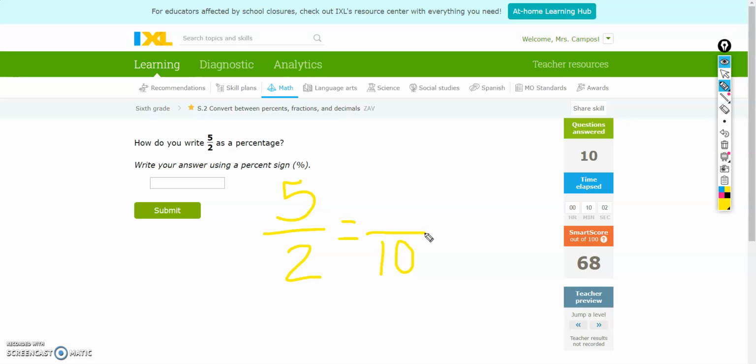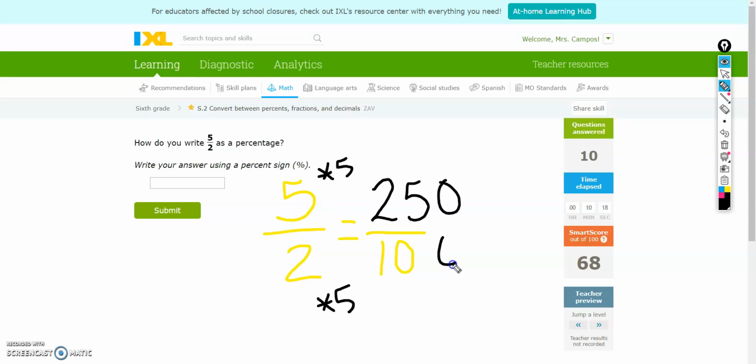So 2 times 5 equals 10. So if I do it to the bottom, I have to do it to the top. And that's 25. And then I have to add a 0. So that's 250% is one way. So I'm going to go ahead and write that number down so that we remember it was 250%.